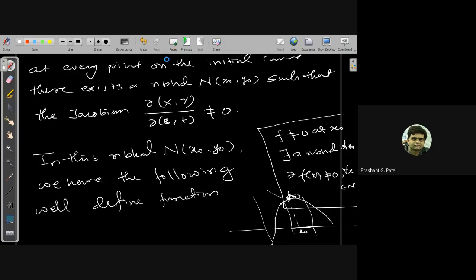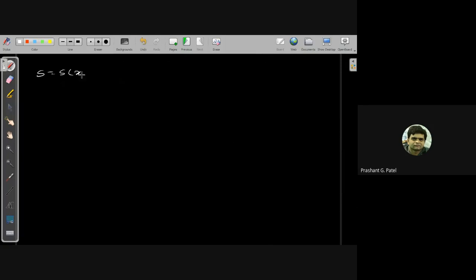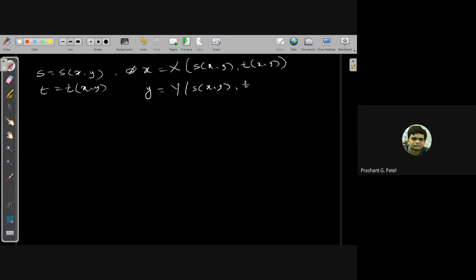That is, s is equal to s of xy, t equal to t of xy, small x is equal to capital X of s of xy, t of xy, small y is equal to capital Y of s of xy, t of xy, z is equal to Z of s of xy, t of xy, that is equal to z of xy.